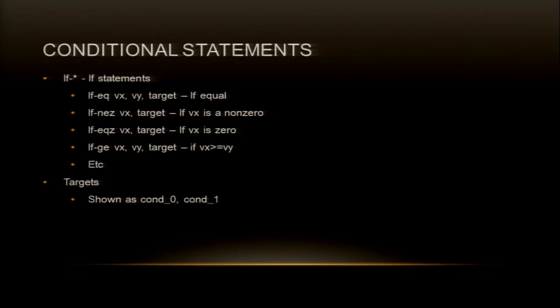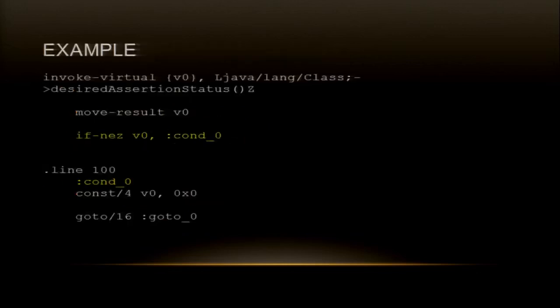The targets are defined as cond underscore and then a number. So you'll see cond_0, cond_1, depending upon how large the function is and how many if statements or loops it has. I've seen up to cond_20 in one method. So here's an example I pulled from some source code.